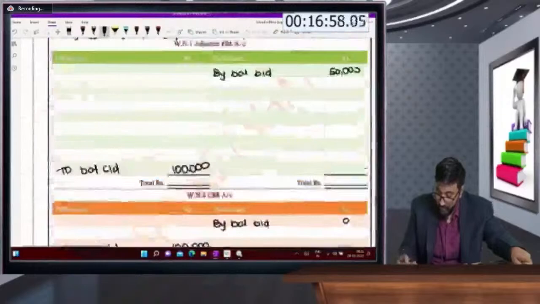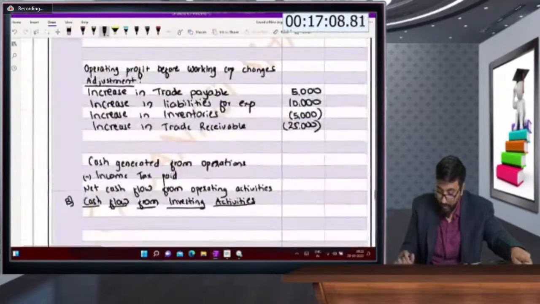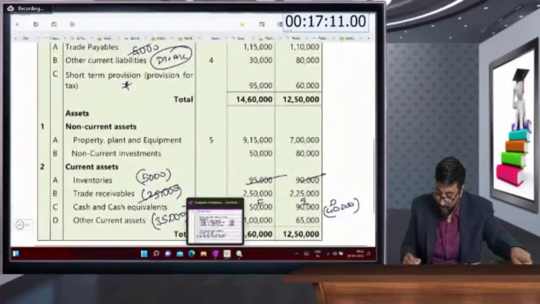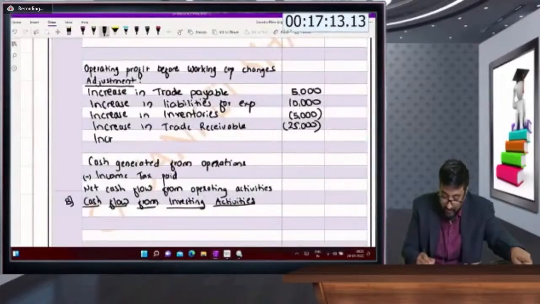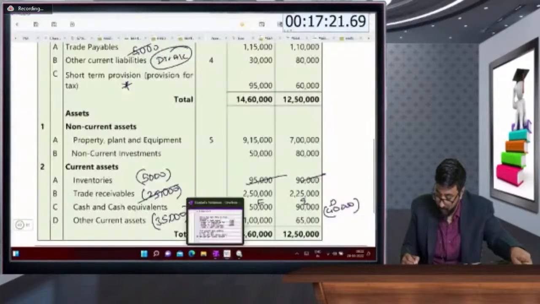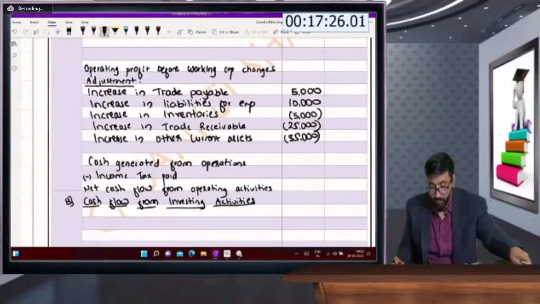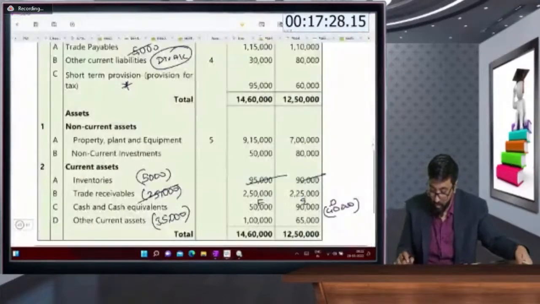Beginning balance 90,000, end balance 50,000, so negative 40,000. Okay, and last one, increase in other current assets, 35,000. Balance sheet over.